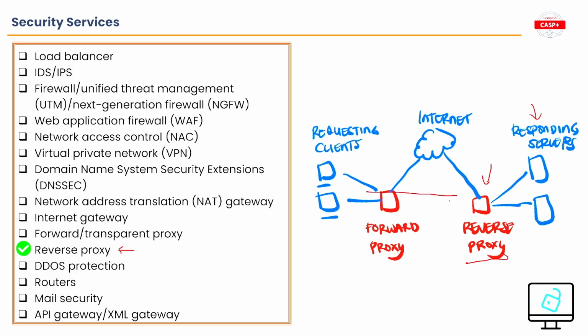This is your web server, and there's your client requesting services from the responding servers. With the reverse proxy, when a client sends a request to a website's origin server, the request is caught by the reverse proxy server at the edge of the network. The reverse proxy server will then send requests to the origin server and get answers back from it.